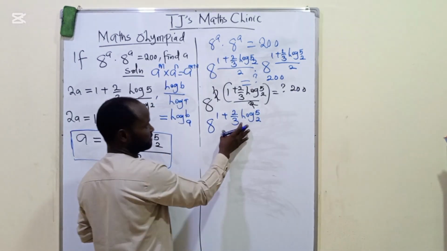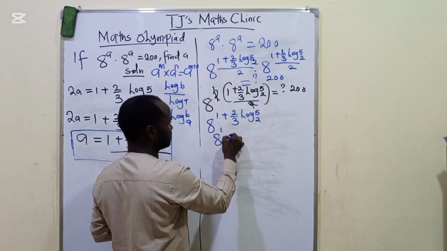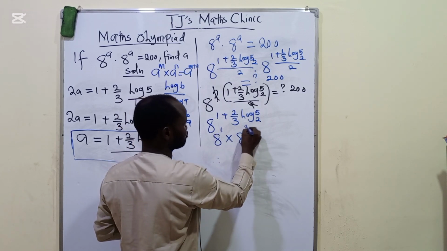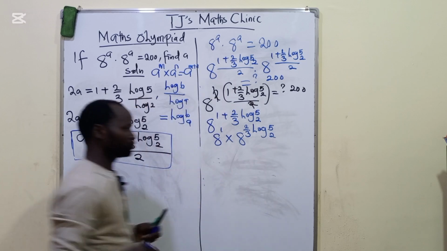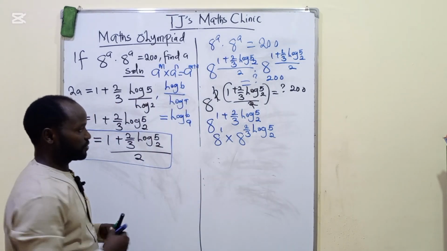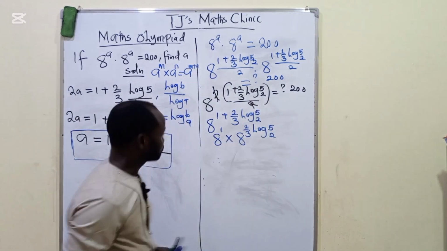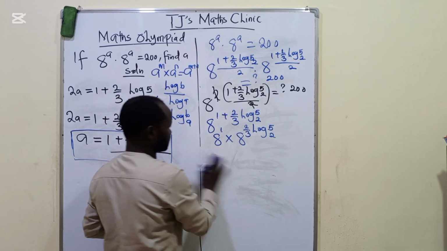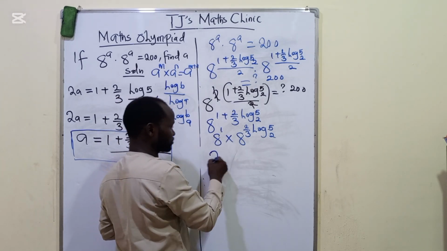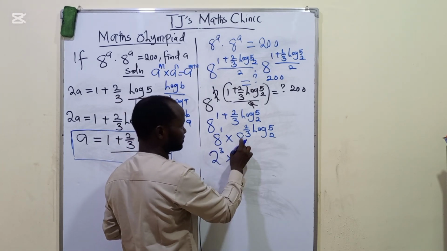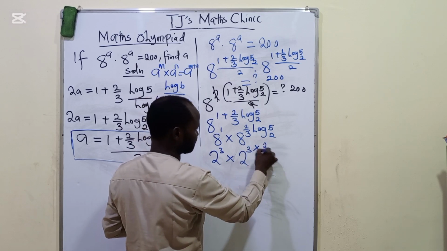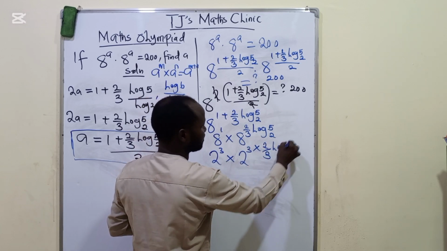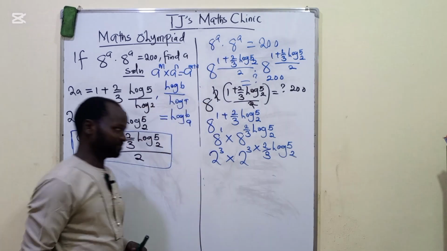Let's see. We can write this as 8 power 1 times 8 power 2/3 log 5 to base 2. Our aim is to check whether it is equal to 200. Very important. This 8, I can write it as 2 power 3, times this 8, I can write it as 2 power 3 times 2/3 log 5 to base 2.